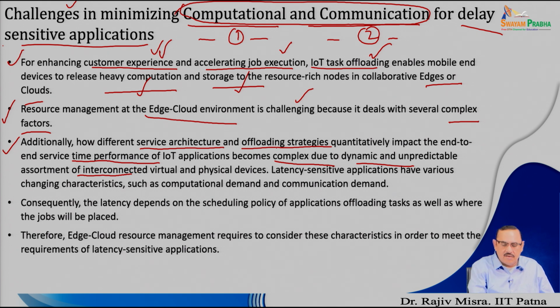Now, what we are going to see here is that all these latency sensitive applications have various changing characteristics, such as sometimes the computational demand is fluctuating and obviously the communication demand is also fluctuating.